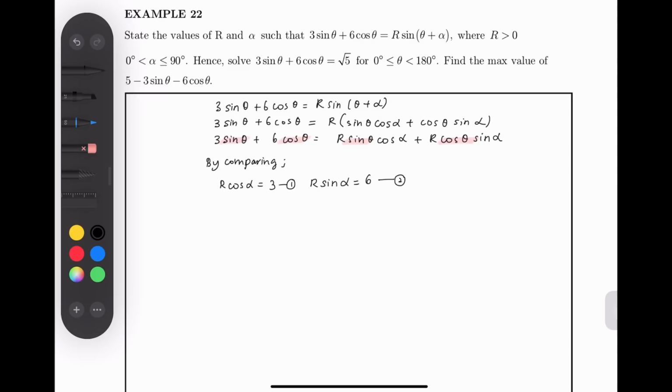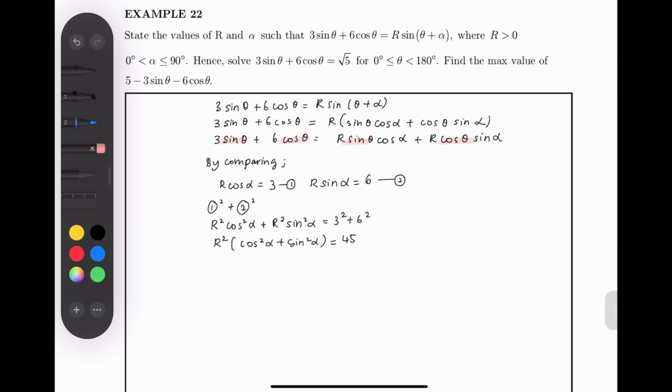To get the value of R, we're going to do equation 1 squared plus equation 2 squared. So it becomes R squared cos squared alpha plus R squared sin squared alpha equals 3 squared plus 6 squared. Factorize R squared. Right hand side, 9 plus 36 is 45.